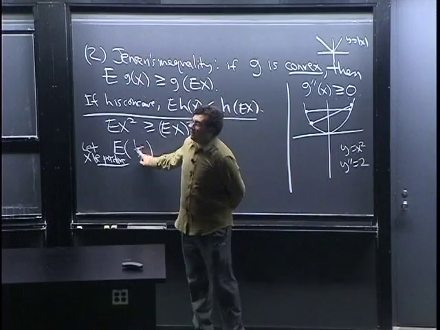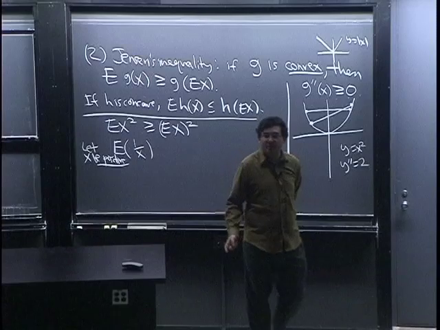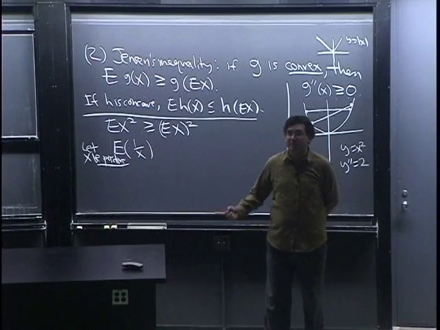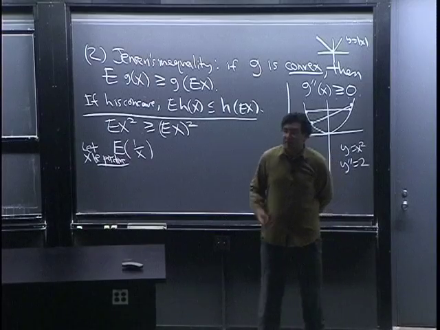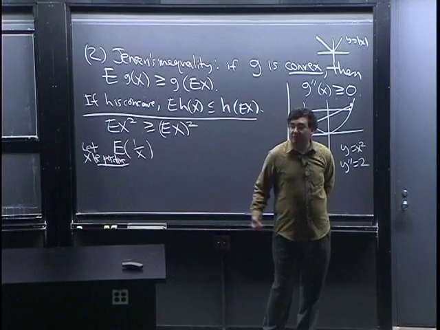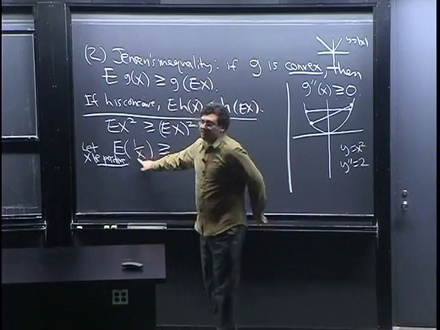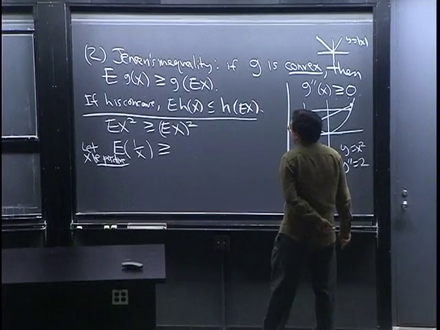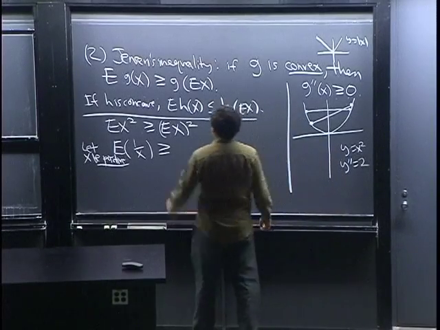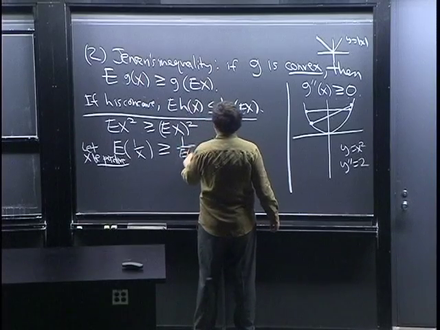That's x to the negative 1. So the first derivative is minus x to the minus 2, and the second derivative is 2 over x cubed. If x is positive, then 2 over x cubed is positive. So this is convex. As long as x is positive, it's convex, and this is greater than or equal to 1 over E of X.